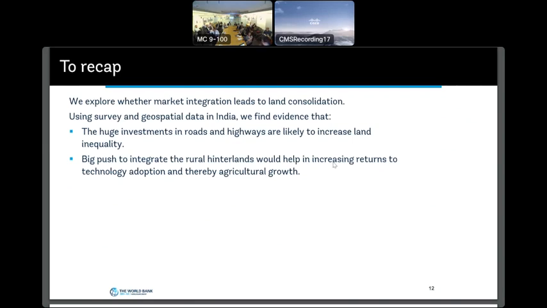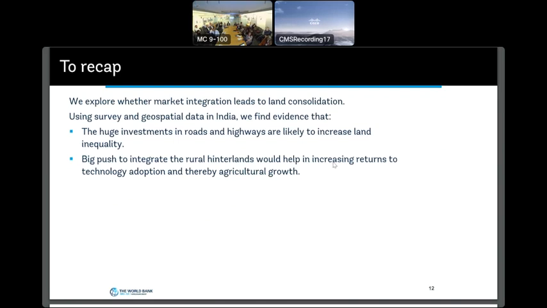I think I went through that quickly. So basically, just to tie the pieces together, what we did was we were looking at market integration and whether it leads to land consolidation. This idea of farmers buying up their neighbors' land maybe.